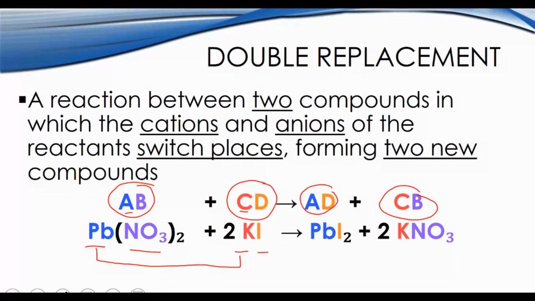So instead of having lead bonded to nitrate, we are now going to have potassium bonded to nitrate. And instead of having potassium and iodine, as in our reactants, together, we are now going to have lead and iodine together. So that is what a double replacement reaction will do. It will take the cations and switch places.